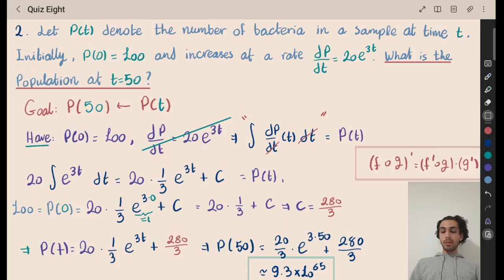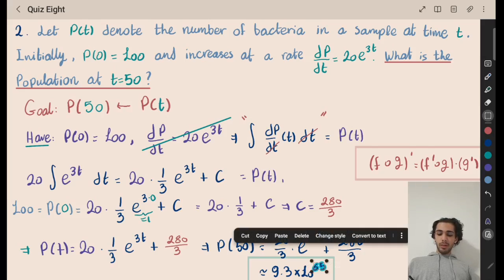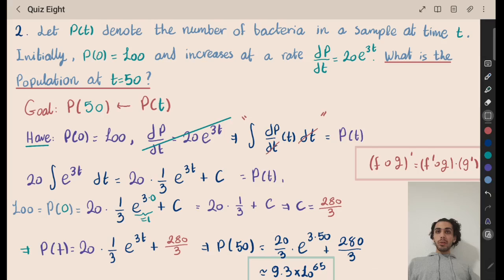And if you think about this, this is a very fast rate of change. So at t is equal to 0, the bacteria is 100. And then after 50 intervals of time, let's say 50 minutes, the bacteria is 9.3 multiplied by 10 to the 65, which is 65 zeros.